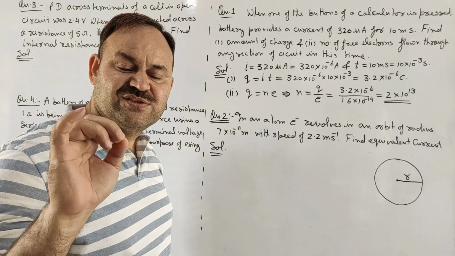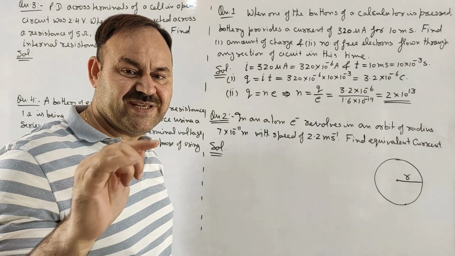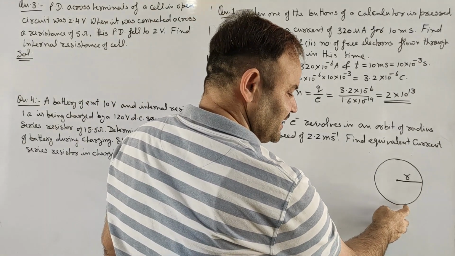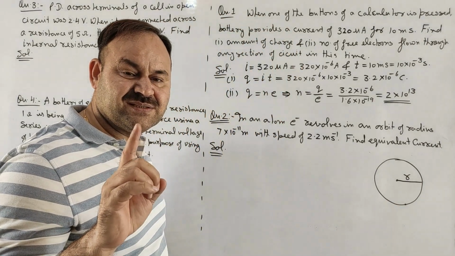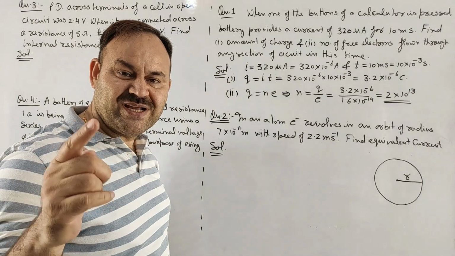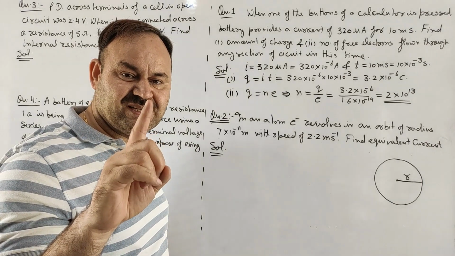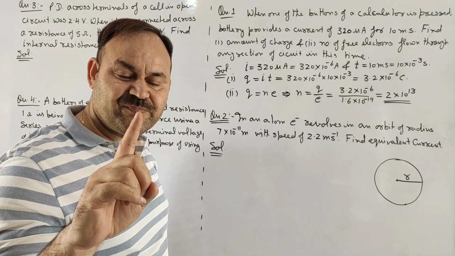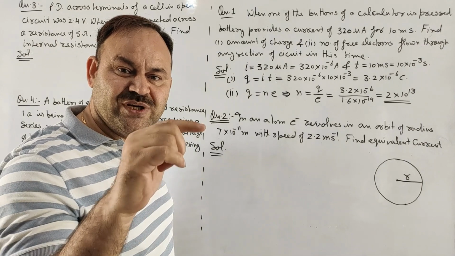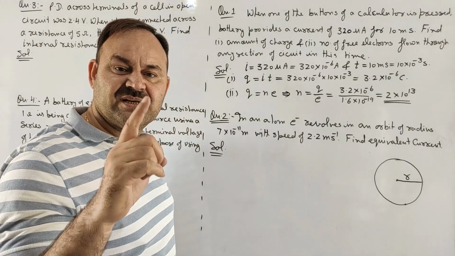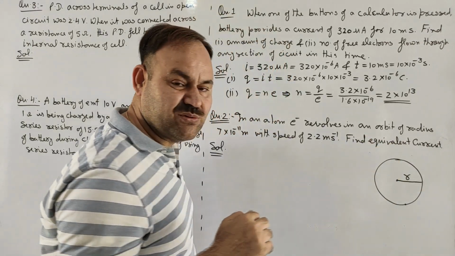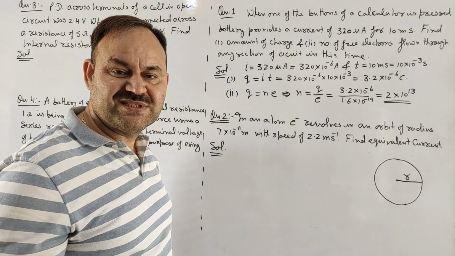If the frequency of revolution is represented by nu, then the electron is crossing a point on its circular path nu times in 1 second, and hence it is taking a charge nu into e through any point on its circular path in 1 second.